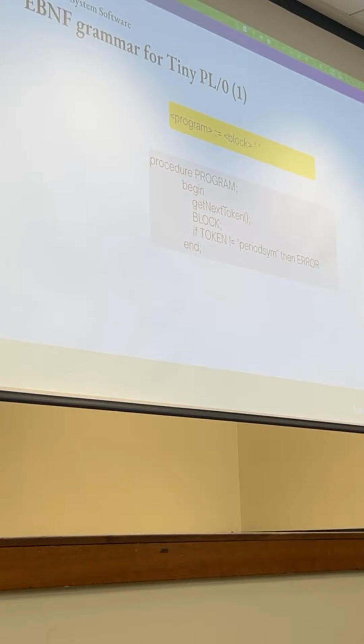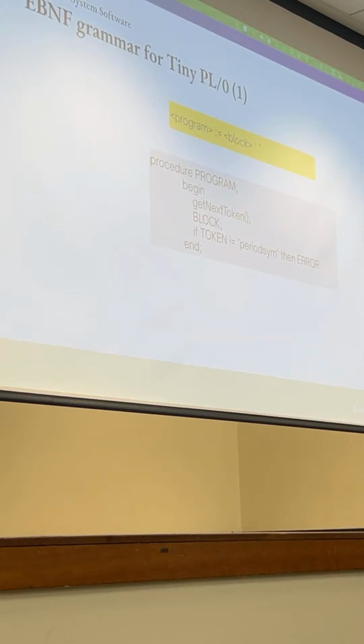So the program itself will be defined as a procedure, a function here in the pseudocode. So once we come into the program pseudocode here, we simply grab the next token. Where you are going to grab the next token will be specified in your pseudocode. You just follow that. You don't have to worry about when you need to grab the next token.